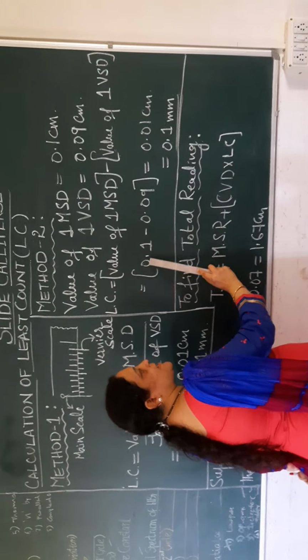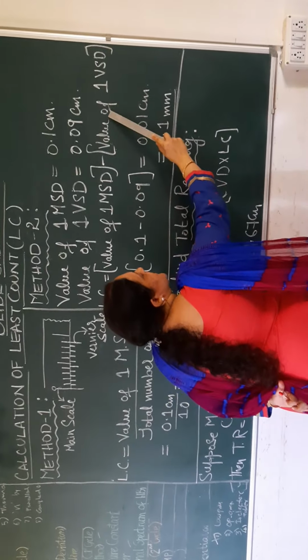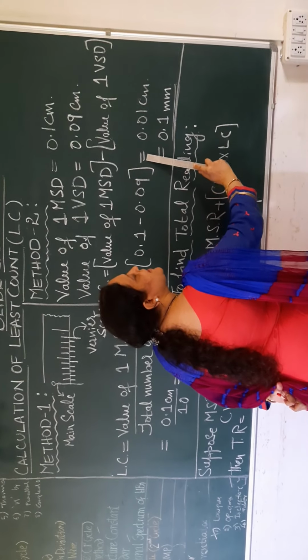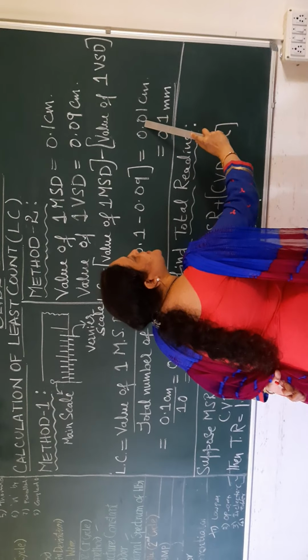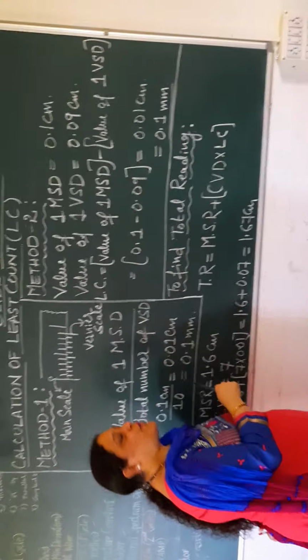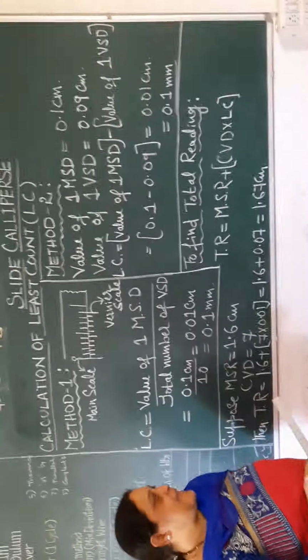The value of 1 MSD is 0.1 centimeter and the value of 1 VSD is 0.09 centimeter, which gives us a value equal to 0.01 centimeter or 0.1 millimeter. Whether you adopt method 1 or 2, you will get the same least count.